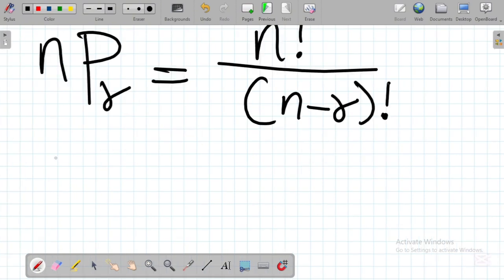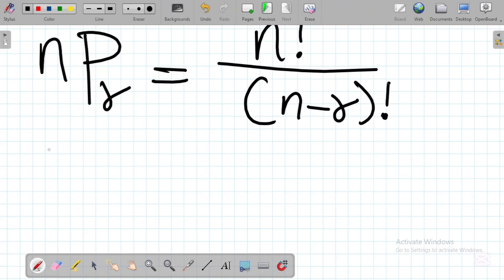Now note this: a factorial is a mathematical operation that multiplies every given positive integer by every positive integer below it down to 1.